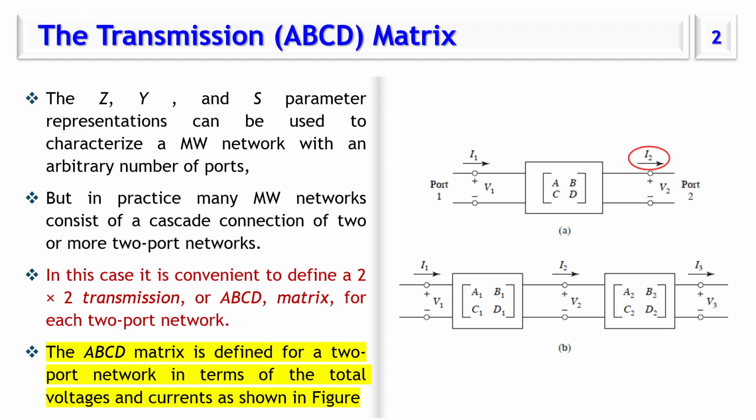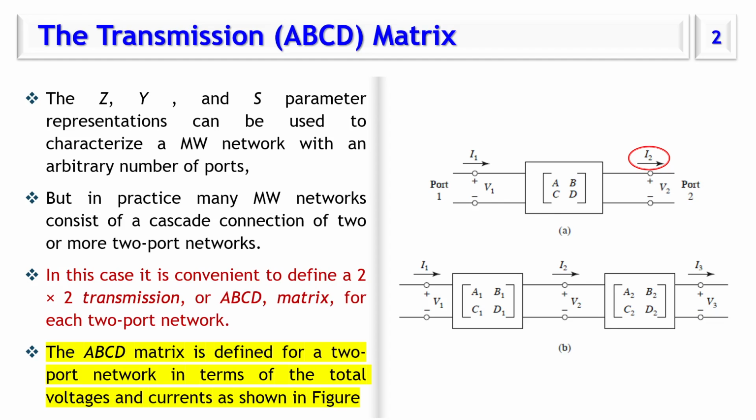So far we had studied a number of matrices for microwave network analysis, like the Z matrix, Y matrix, and S matrix. All of those matrices can be defined for an arbitrary number of ports. When we come to applications, they are of course applicable, but there is a very frequent situation in microwave circuits where we have a number of two-port networks cascaded to one another, and the overall system performance comes from this cascade of sections.